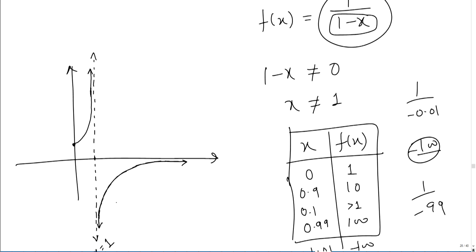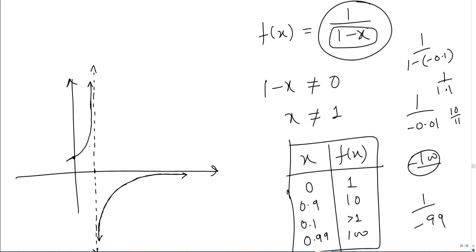Okay. But what would happen if x is negative? So let's say x is minus 0.1. Then this is 1 divided by 1.1. So you are looking at 10 by 11. So this value is slightly less than 1. Okay, so the values are going downwards. What if it is close to, let's say, minus 0.99?